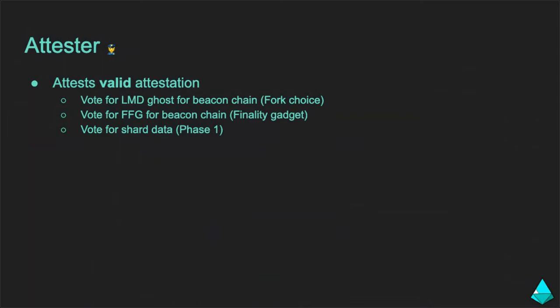So as an attester, you vote for a valid block, which is, you can say, the head at this point, right? And then you essentially vote for the head block that's used for fork choice, and then you vote for the epoch boundary block, which is the first block of the epoch, and that's for the finality gadget, which I will get more into later. And then for phase one, you will of course vote for the shard data as well, but it's coming in phase one.